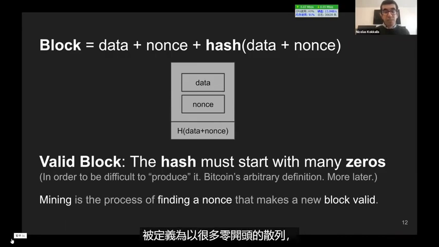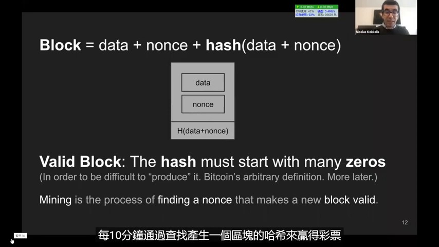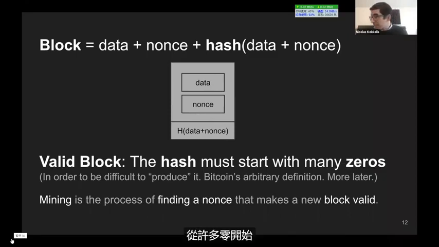That was defined as a hash that starts with a lot of zeros, because it's pretty unlikely to find a hash that starts with a lot of zeros. This essentially creates a decentralized lottery where a lot of different miners, a lot of different nodes, are all trying different nonces. It's like playing a lottery, trying different nonces until one of them, every 10 minutes, wins the lottery by finding a hash that produces a block that starts with many zeros.